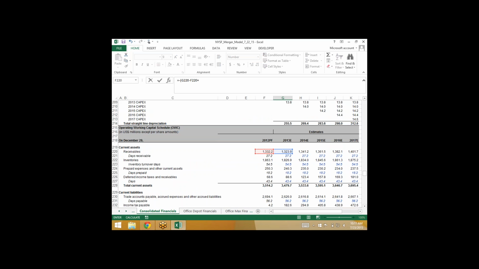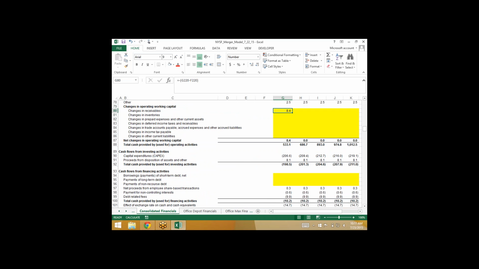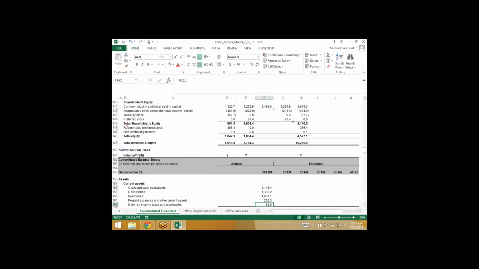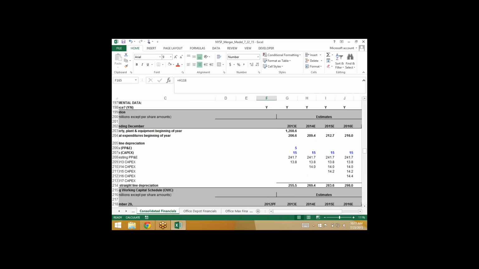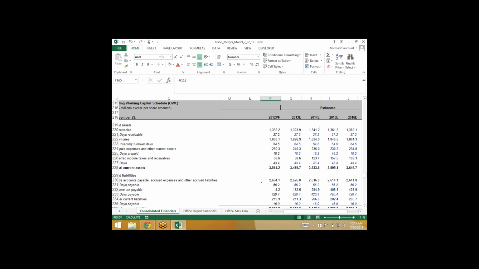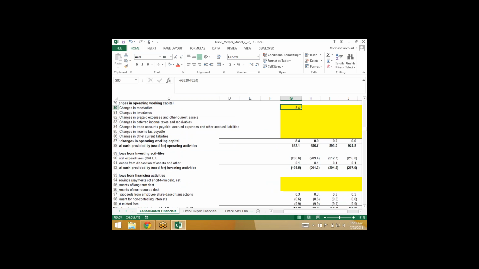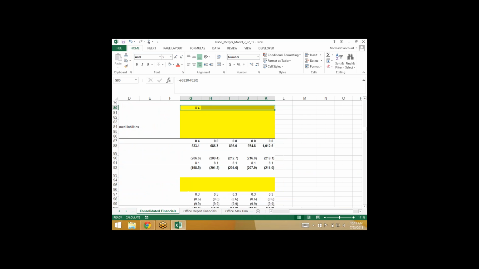So if the asset was going down, it should result in a cash inflow. Next year, the asset's going up, that should result in a cash outflow. So let's copy to the right and make sure that that's happening. Yes, so we're okay over there.